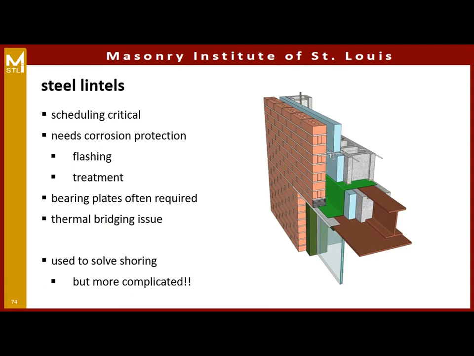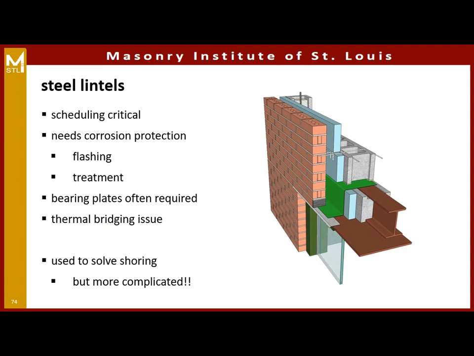So for steel lintels, scheduling can become an issue. We have a different trade now coming in to put in our lintel. If we're in an exterior location, that steel lintel might need corrosion protection. They often need bearing plates, and we can run into issues with bearing plate thickness if that's thicker than the joints in the masonry. And it can be a thermal bridging issue as well.